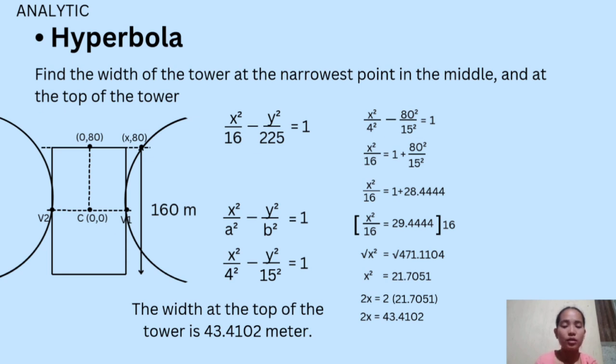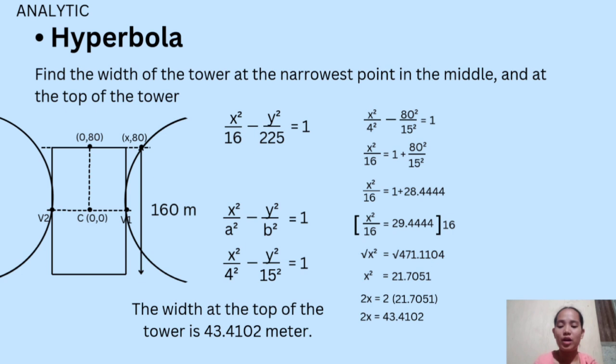Let's go back and solve our problem. x squared over 16 equals 1 plus 80 squared over 15 squared. We transfer 80 squared over 15 squared to the right side, so it is now positive. We calculate 80 squared over 15 squared.